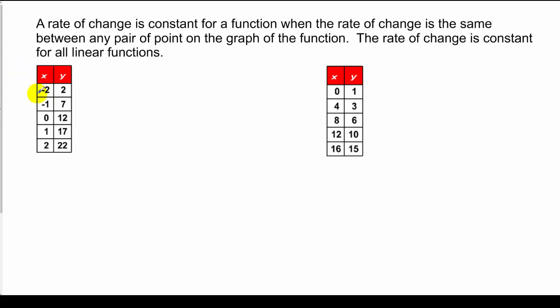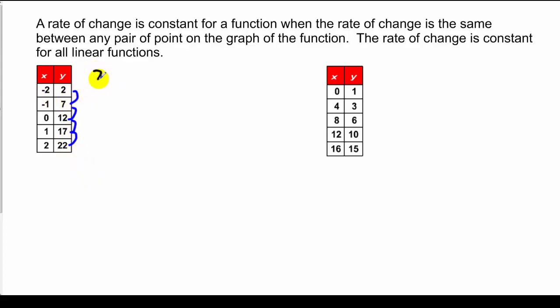So here we have a set of points, some x and y in two cases, and we're going to see if these are the points of a linear function by checking their slopes. So I'm going to check between these two sets of points, these two sets of points, these two sets of points, and these two sets of points for each function. So let's do the first set.